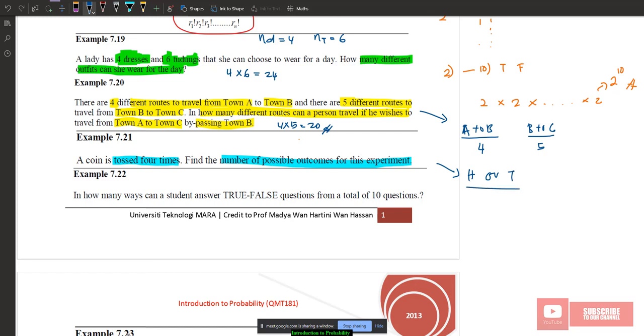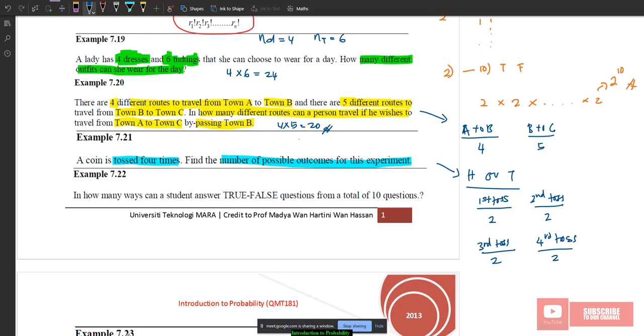If you toss it 4 times, the first toss has 2 possible outcomes, the second toss also 2, the third toss also 2, and the fourth toss also 2.